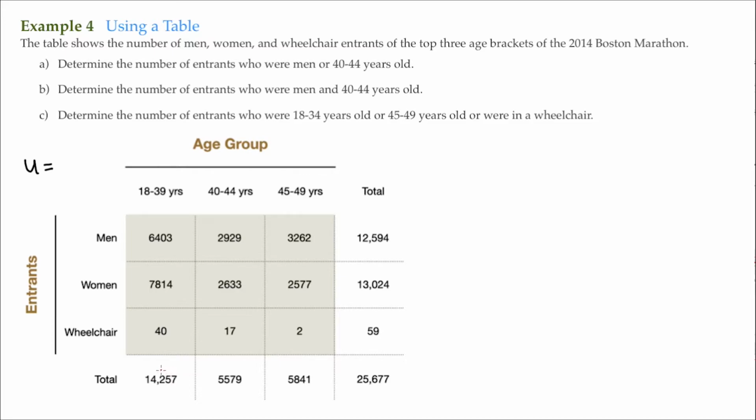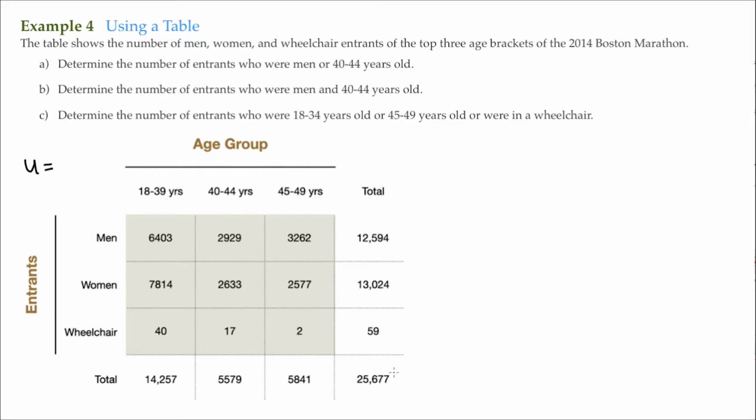Same can be said for these totals down here. This 14,257, that's the total number of 18 to 39-year-olds. Add up 6,403, add that to 7,814 and then to 40, and you come out with 14,257. This is the total for this column, and this is the total for this column.